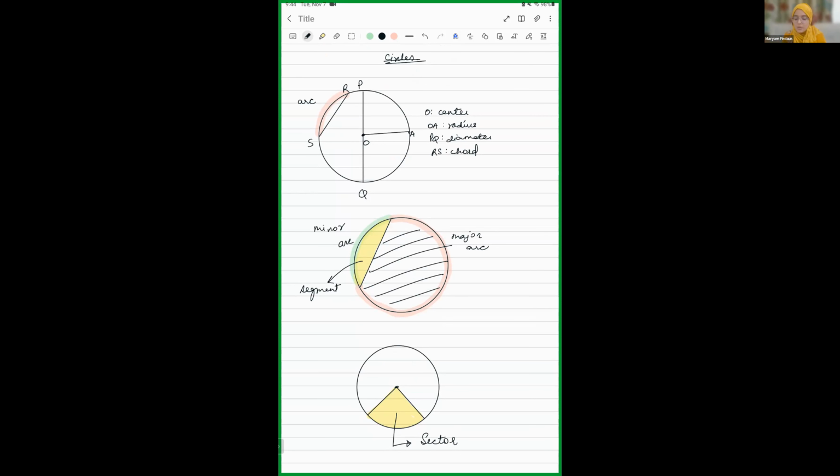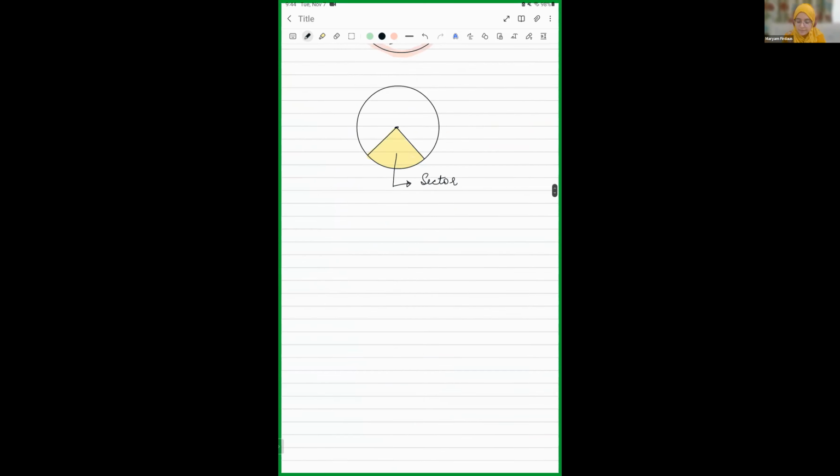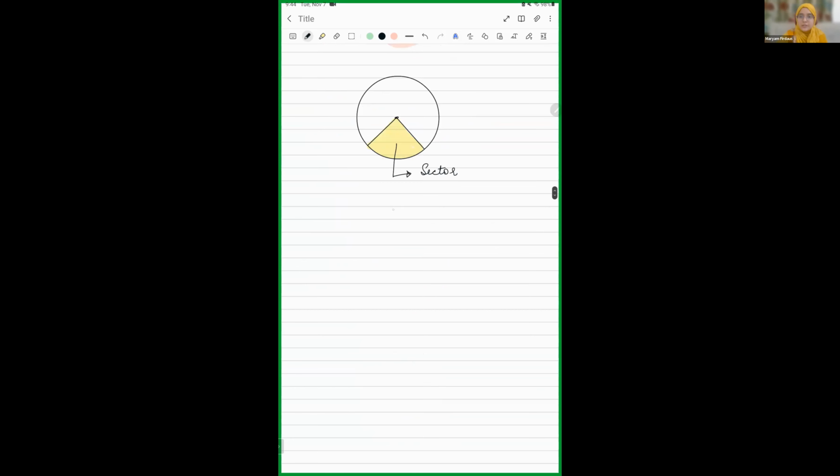Okay. So now we are going to first see what is the meaning of, let's say you have a circle. This is the center O, and let's say you have a chord over here, chord AB.